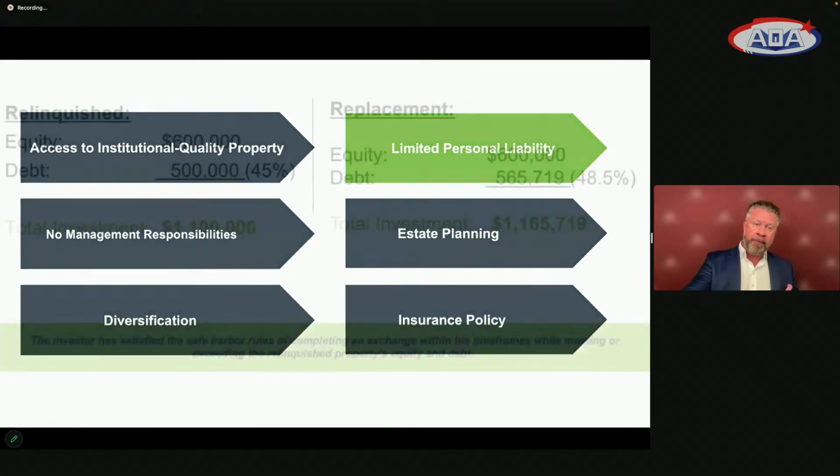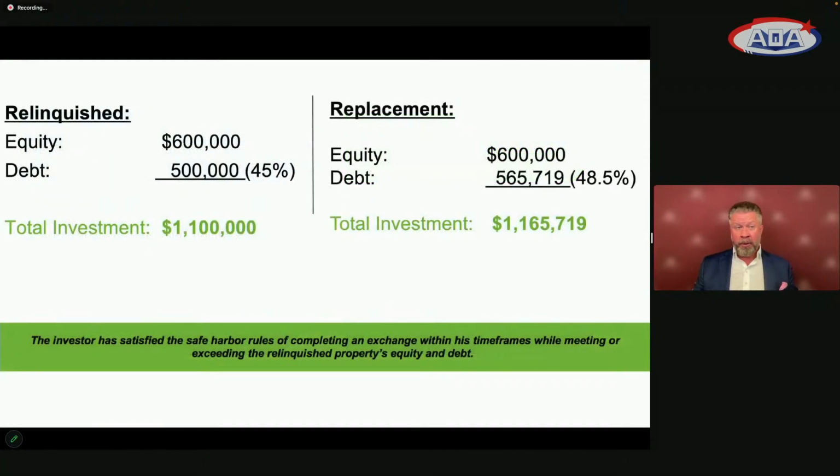So here's an example. This is a hypothetical. Relinquished property is what you sold. Replacement is what you're buying. And let's assume the replacement property is an Inland DST. Inland went out and put 38.5% loan to value on a property, so we put financing, our loan, in place there. You, the investor, are relinquishing or selling a property that has a 45% loan to value.